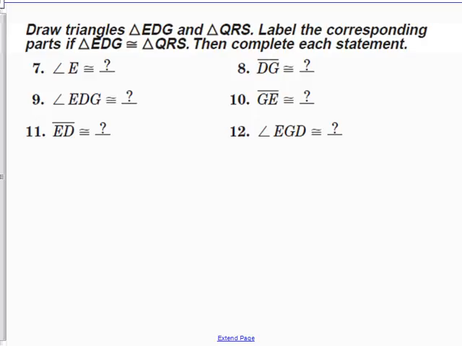All right. Draw triangles EDG and QRS. Label the corresponding parts if EDG is congruent to QRS. So I'm going to draw a couple of triangles like I did on the notes the other day. It doesn't matter what they look like. I'm just going to make sure that the letters are in the right spots.